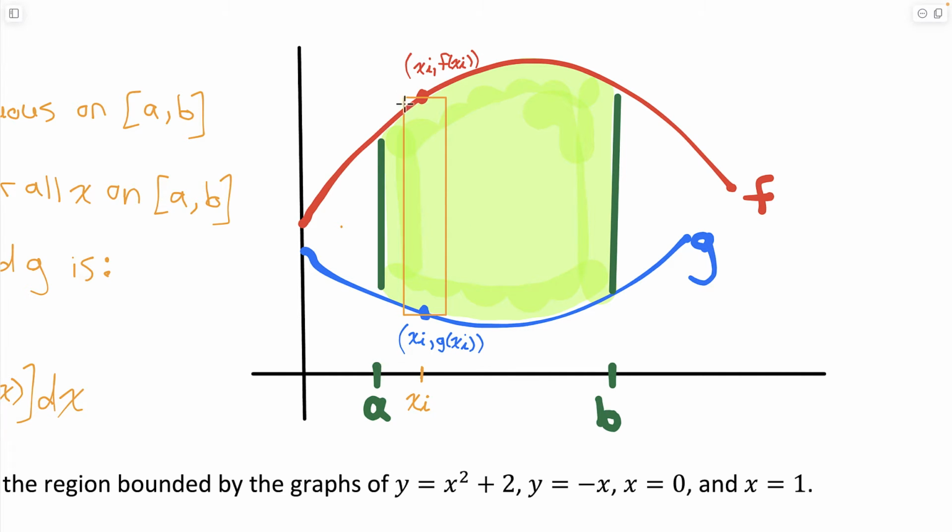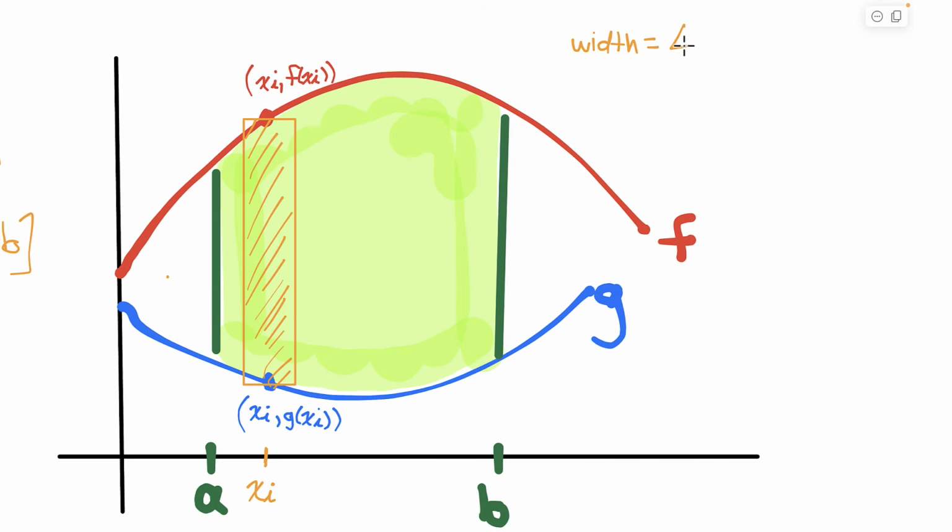Now you have to imagine me finding the area of this rectangle and infinitely more rectangles that fit underneath this curve, and more importantly, the width of those rectangles is going to be approaching zero. Well, how would I find the area of just this rectangle? Let's start with that. Well, the width of this rectangle, we'll just call that delta x. So the width of this rectangle is delta x. But what is the height of this rectangle?